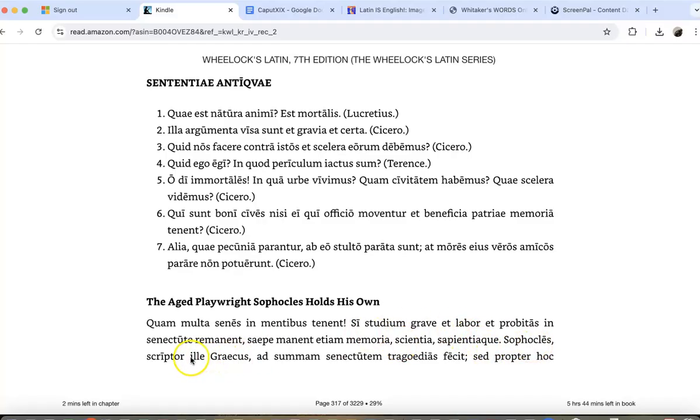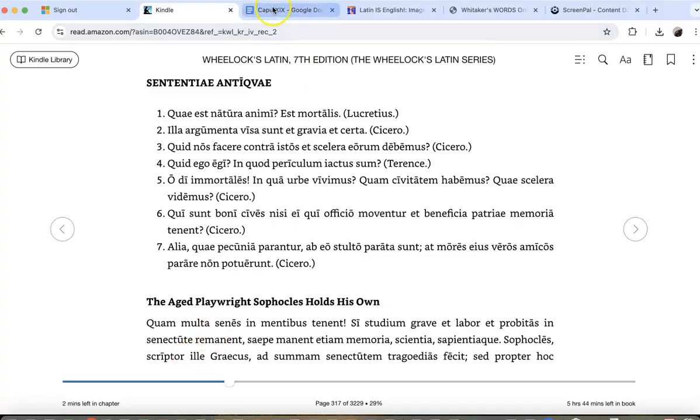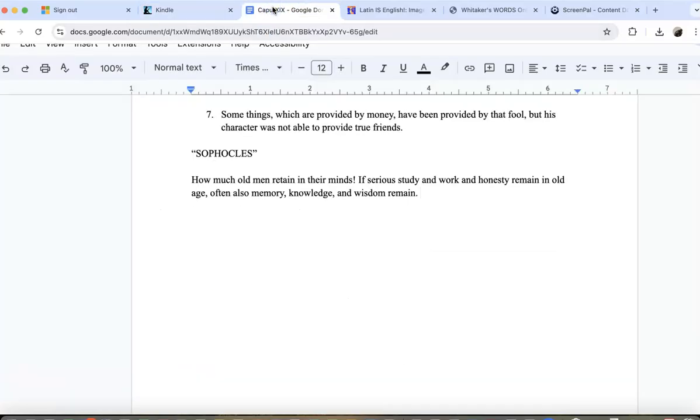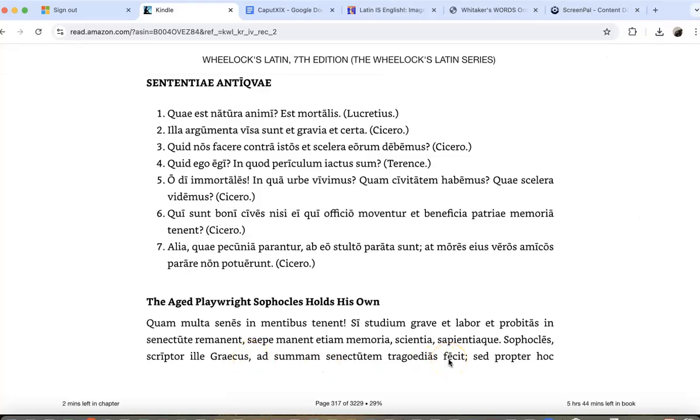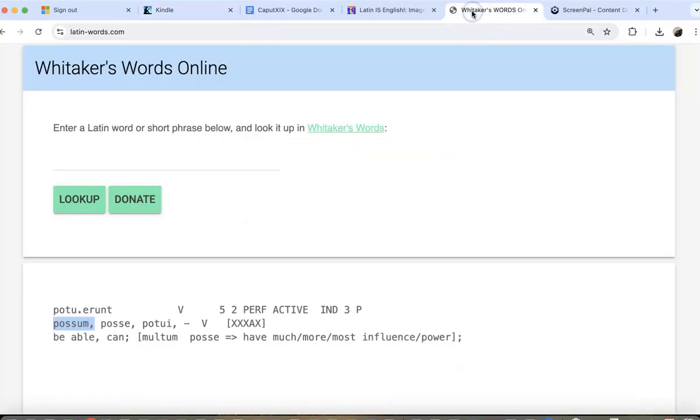Sophocles, that Greek writer, so let's go ahead and write this. Sophocles, ille, that Greek writer. And then here's our verb, facit, which is the past tense of facio. So these basic verbs in particular, we really should have in memory at this point.